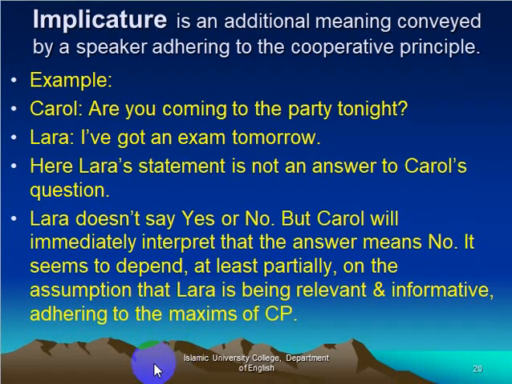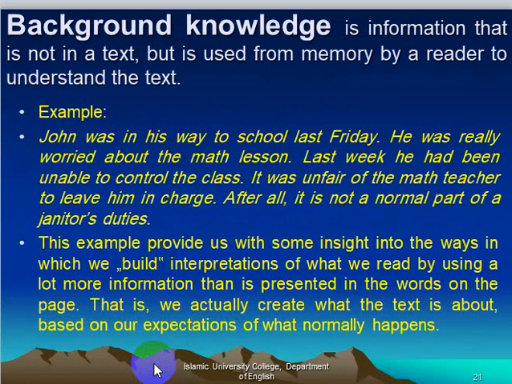through the context of situation. Background knowledge is information that is not in a text but used from memory by a reader to understand the text or to relate it to the situation.